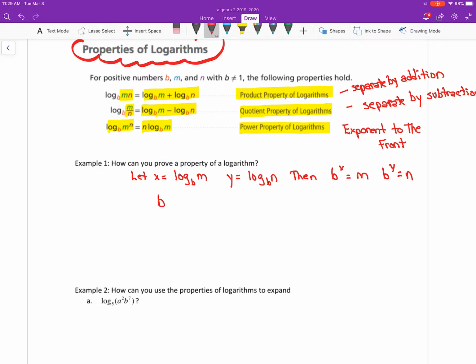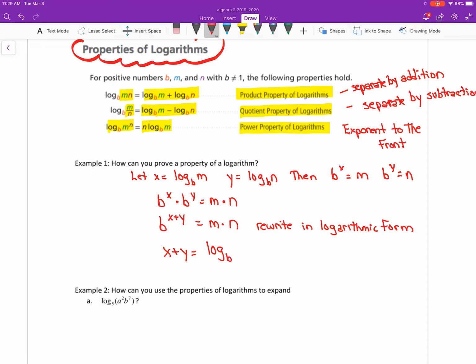So we could say b to the x times b to the y equals m times n. And since we have like bases, we can add our exponents. And if we rewrite in logarithmic form, then we would get x plus y equals log base b of mn.